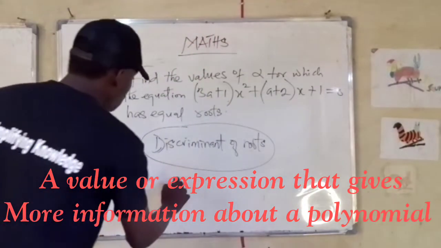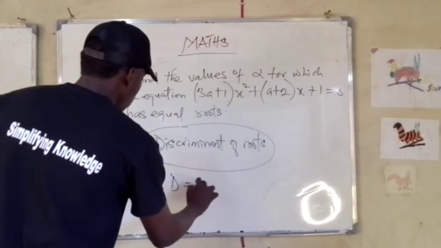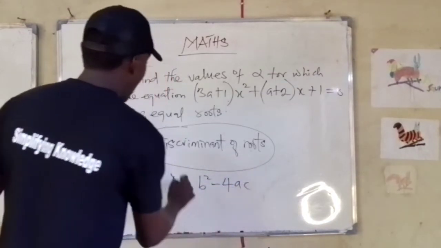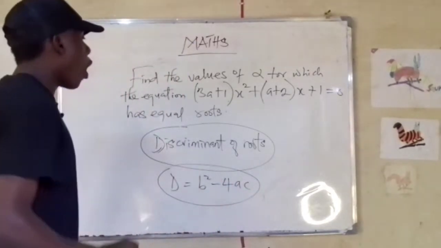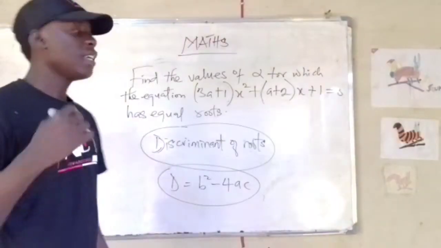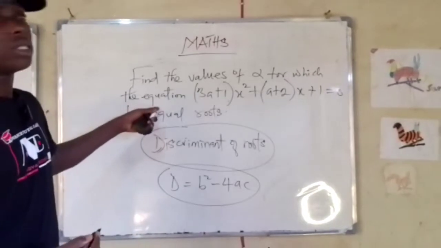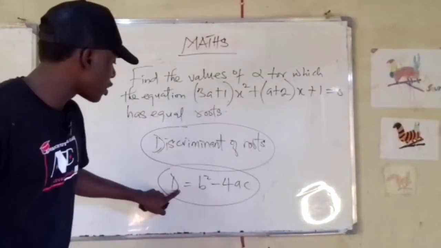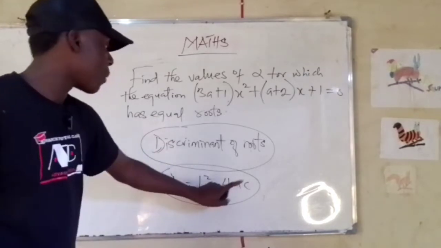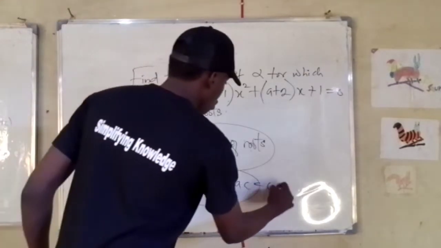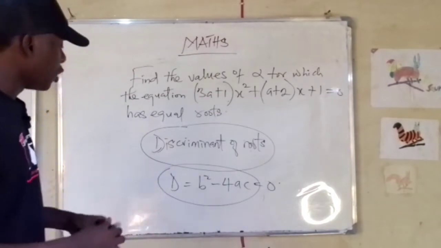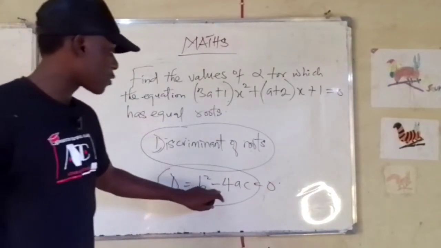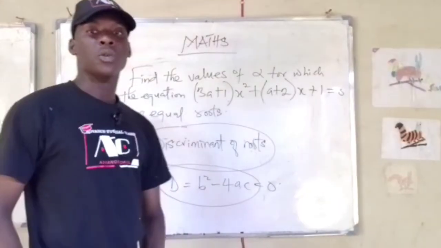And discriminant of roots is equal to b squared minus 4ac. And this applies once the equation has equal roots, like the one we have on the board. So discriminant of roots is going to be D equals b squared minus 4ac equals 0. So this is what we are going to be using to solve this problem.